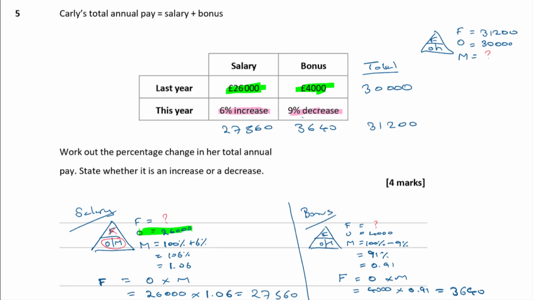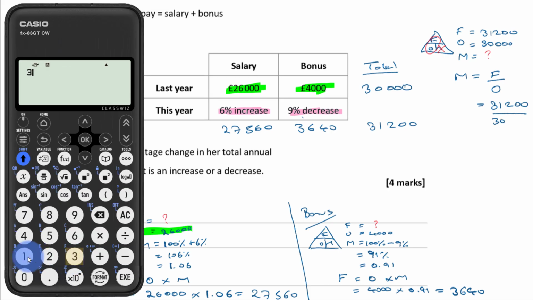So putting our thumb on the thing we want, the multiplier: multiplier is final over original. So multiplier is final divided by original. That's going to be 31,200 divided by 30,000. What's that going to be equal to? 31,200 divided by 30,000.